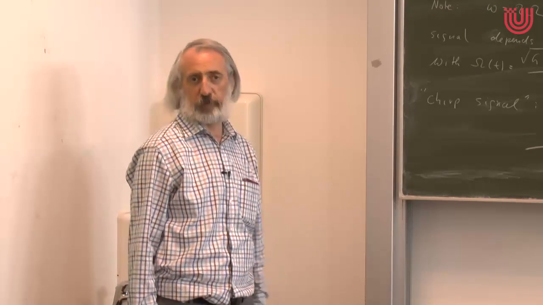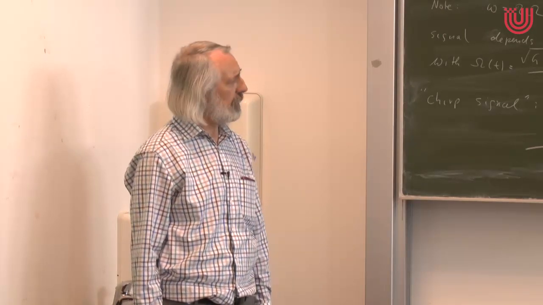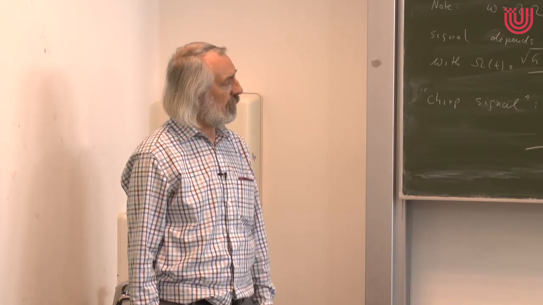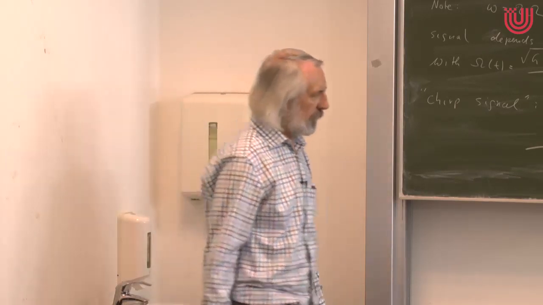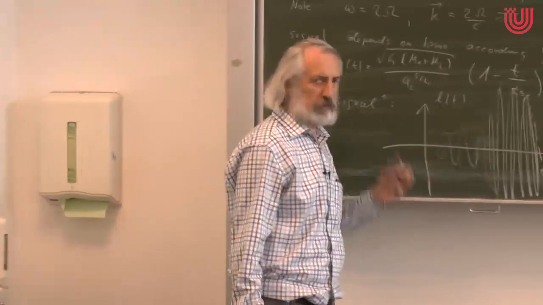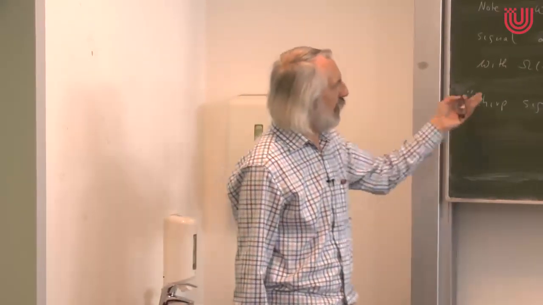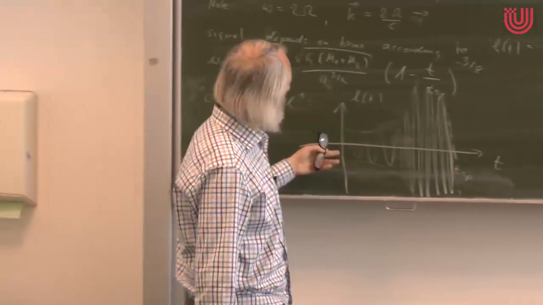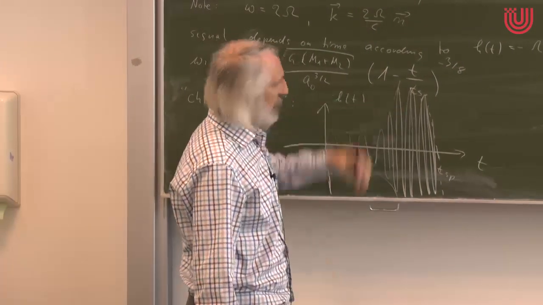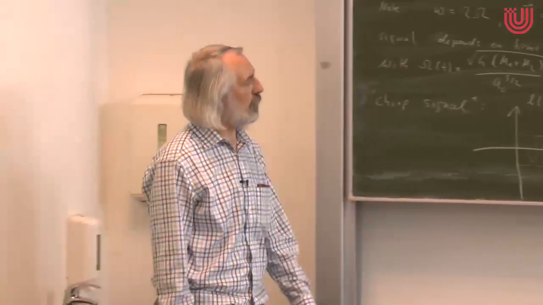For that, the waveform is very simple. It can easily be reproduced, and I really encourage you to do this with Mathematica or Maple or whatever you prefer, and to see how a signal of this kind behaves, to get an idea where this particular shape comes from.